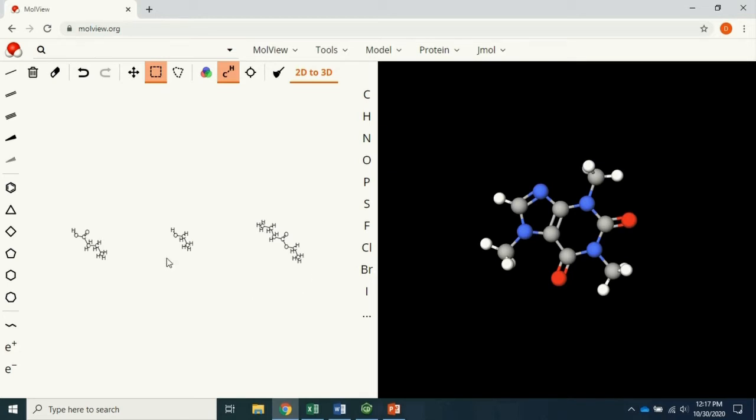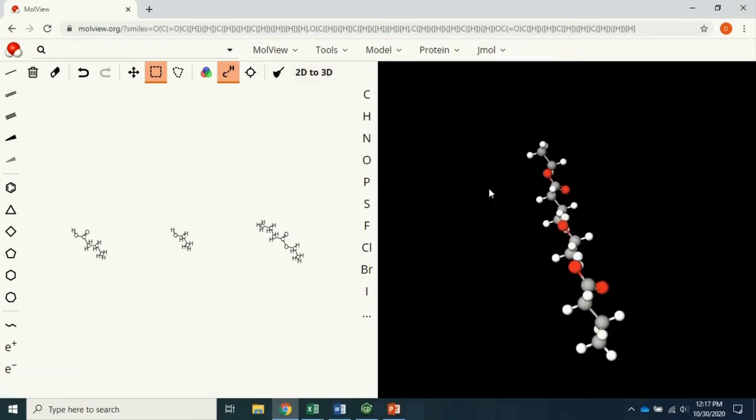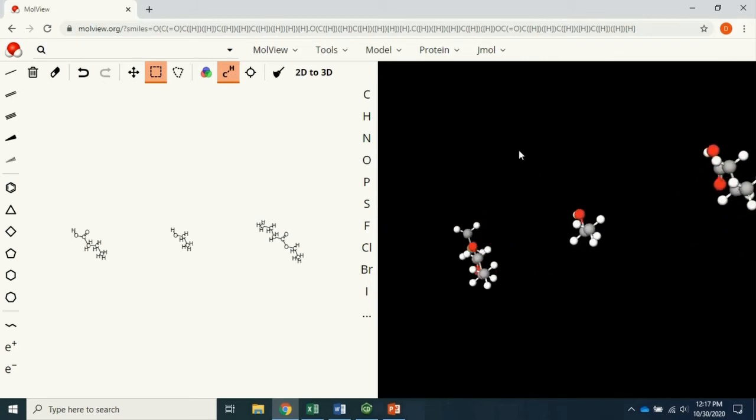You can try out different structures and see if you're able to do so. You can now convert this if you want from a 2D to 3D image, and you can see your structures over here.